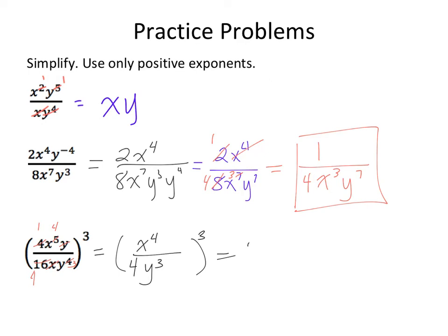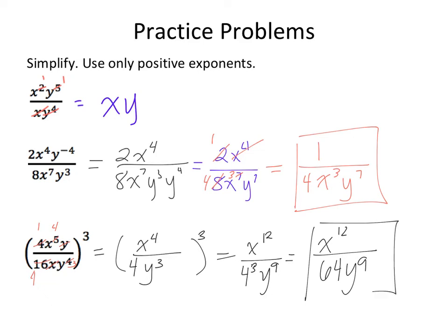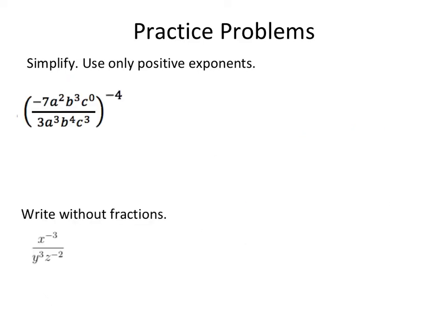So we have x raised to 4 times 3, which is 12, over 4 raised to 3 times y raised to 9, which is equal to... 4 raised to 3 is 4 times 4 is 16 times 4 is 64, y raised to 9. You might also see it like this.